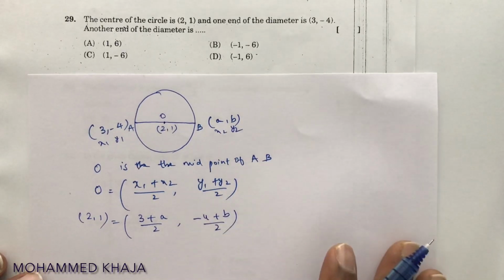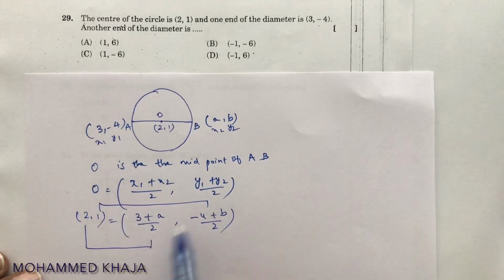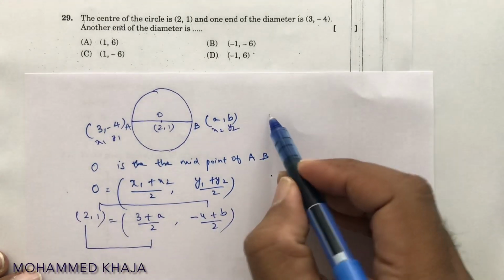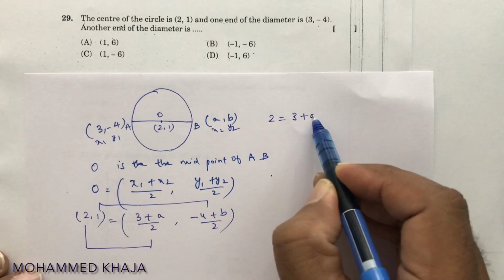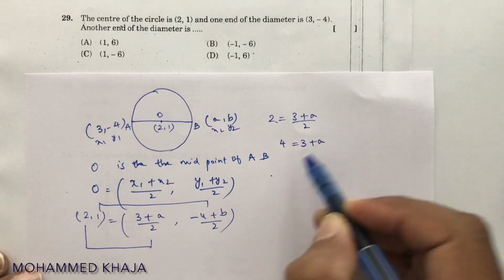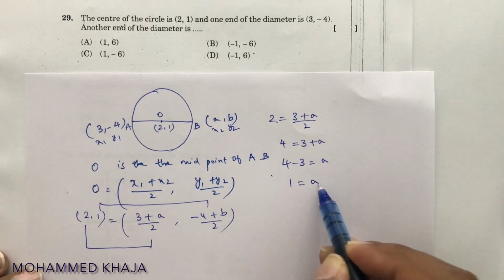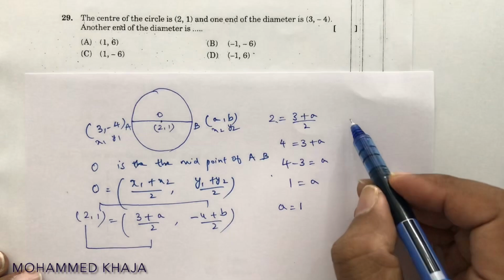Now equate abscissa with abscissa and ordinate with ordinate. So you'll get 2 equals (3 plus a) by 2. Cross multiply: 2 times 2, 4 equals 3 plus a. 4 minus 3 equals a. So a is 1.